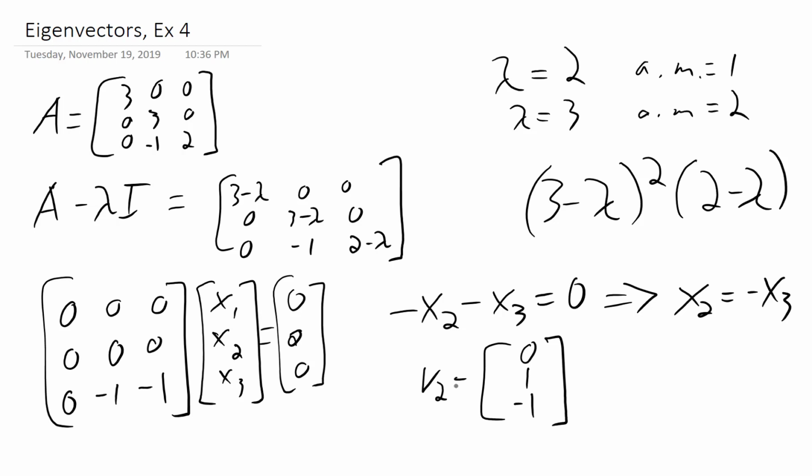And then let's ask ourselves, can we find another vector which also satisfies it, but isn't a linear copy of that? And I'll say, yeah, sure we can. Let's look, for example, at v3 is equal to 1, 0, 0. Right? There's no constraint on x1. There's no constraint on that first element. So how about that one? It doesn't really matter what you choose in x1.